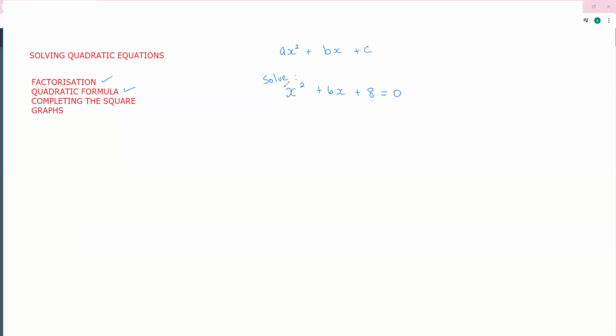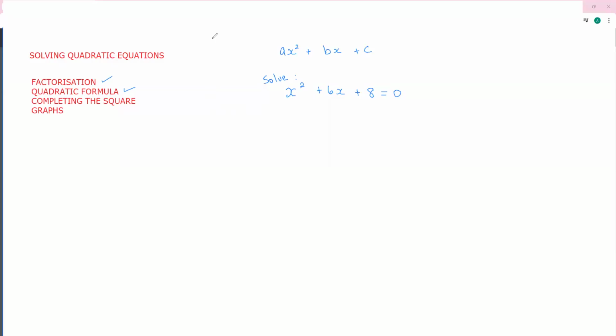Once you cross the equal sign, you do the opposite operation. And once you do that, you ensure that only 0 is on the right-hand side. All right. So identify what is your A, B, and C.